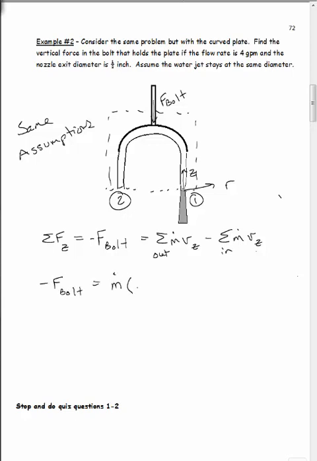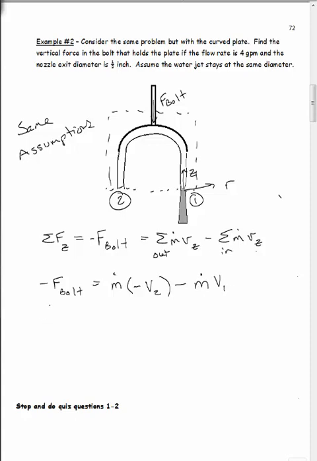Okay, so if we look at it this time, minus F bolt is going to be our M dot times, and now really you've got to take into account directions of things. If I made Z going up, well, at 2 our VZ is going down, so that's minus V2. Okay, and then minus our M dot, and at 1 the velocity is going in the positive Z direction, so we just leave it as V1.